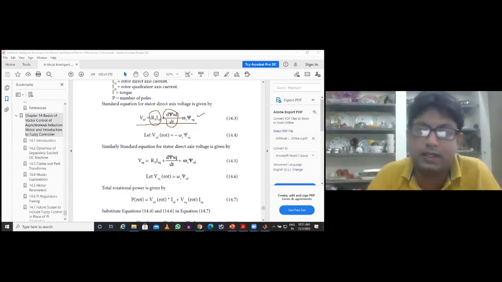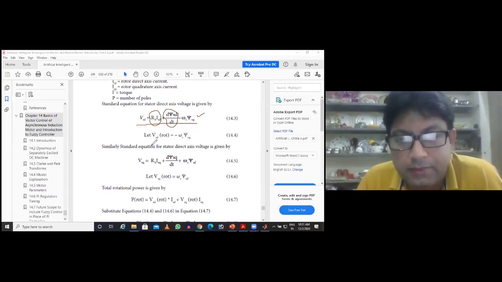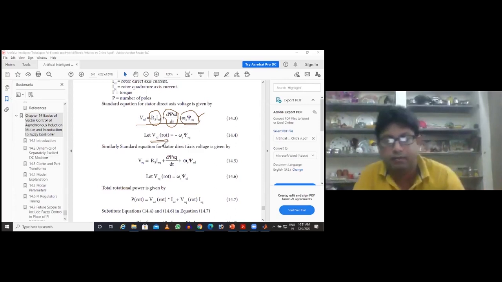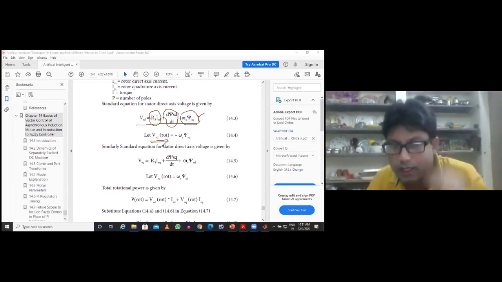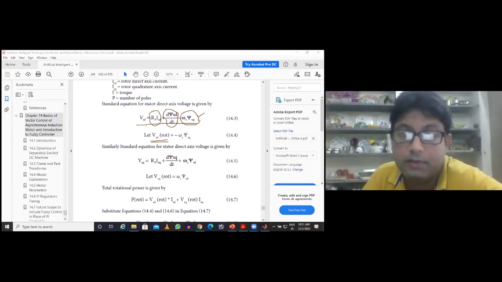So from here, we can tell the rotational voltage which is getting produced from this equation. It is only this, because omega is involved. So I gave the name, rotational voltage developed in the stator direct axis, is this one.